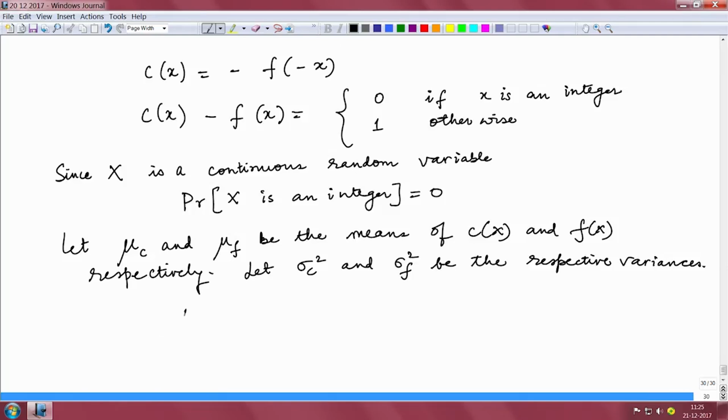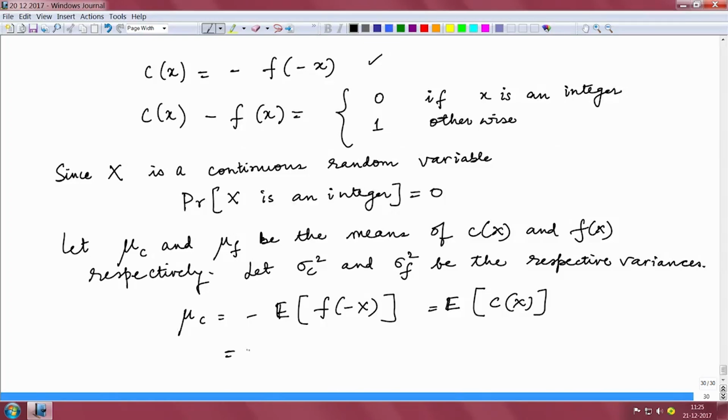Now we realize from this equation that mu c is going to be minus the expectation of f of minus x, which is equal to the expectation of c of x.